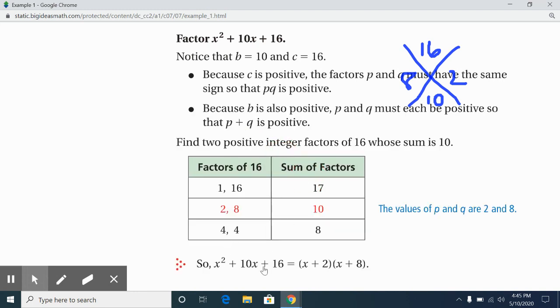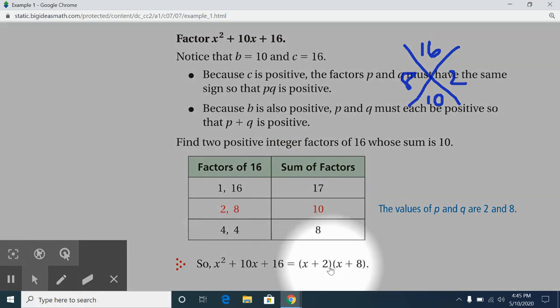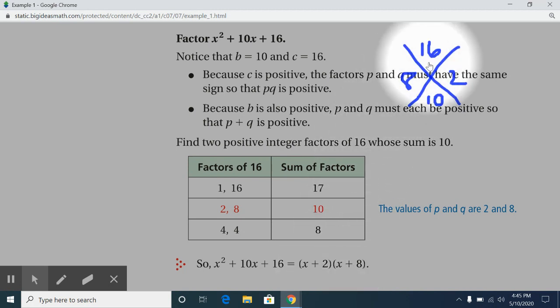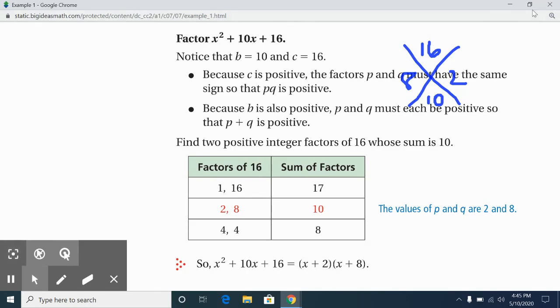At the end, we wrote two binomials, x plus 2 and x plus 8, from the 8 and the 2 that we found for factors. So we need to know that.